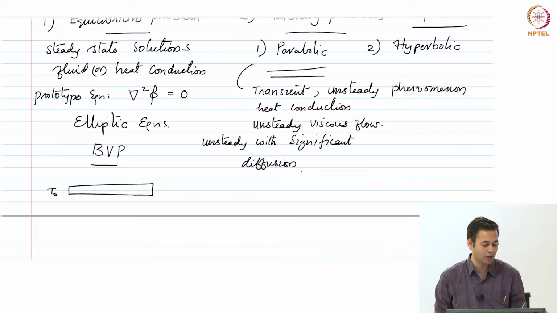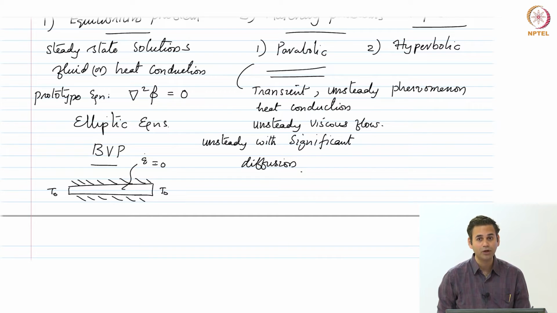Let's say we keep it at T0, which is equal to 0 or something, and then we also insulate the sides of this rod, and we say that the internal heat generation is 0, so essentially everything is 0, but then we start off with some initial profile for this rod. Essentially we have some initial temperature for the rod, which is T of x at t equals 0 is given with some function f of x, okay.